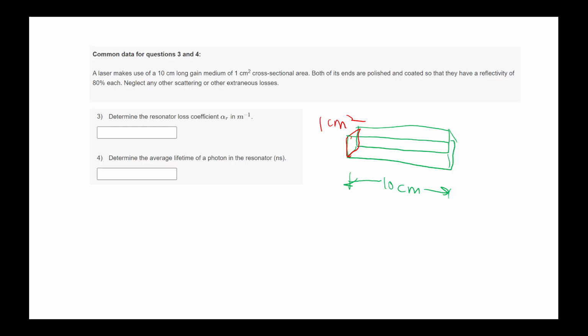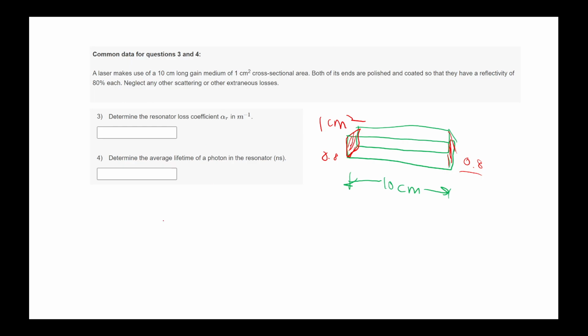Now both sides are polished, and that makes them reflect at least 0.8, or 80%, on both sides. So 80% reflectivity on both sides is there.